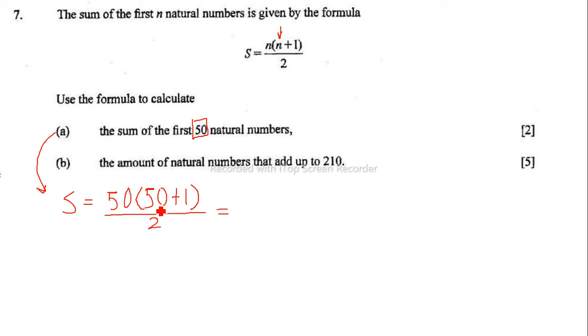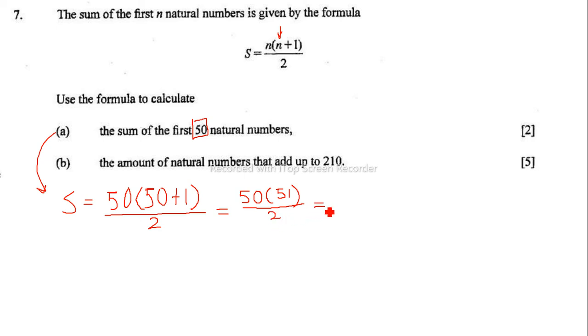All right. 50 times 50 plus 1. What's 50 plus 1? 51. You haven't done this paper yet, right? I hope you haven't.